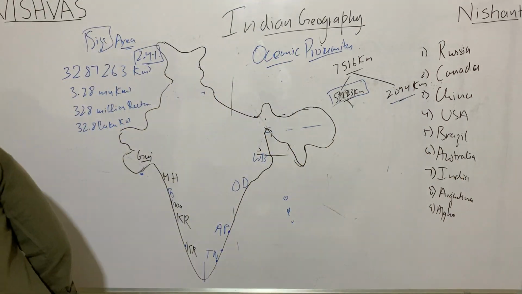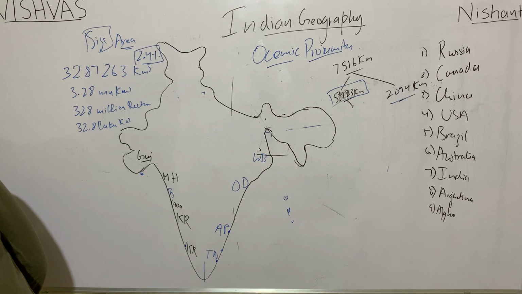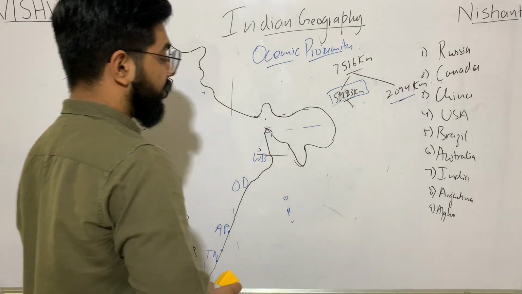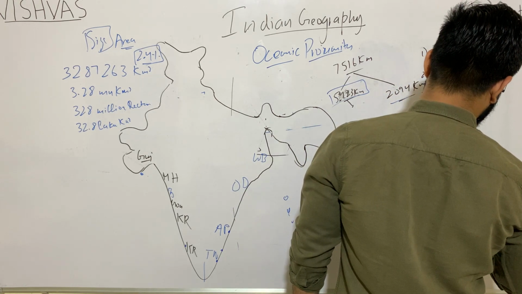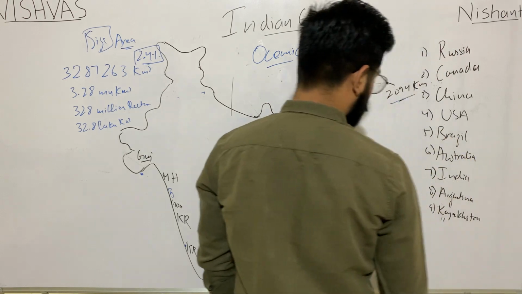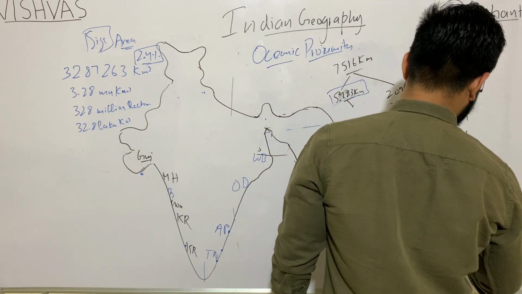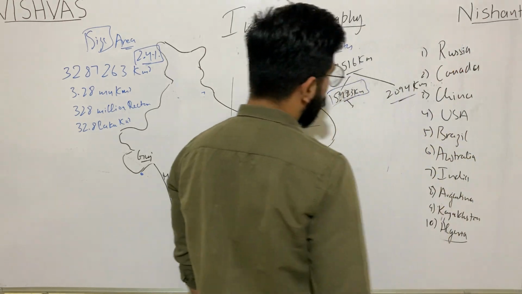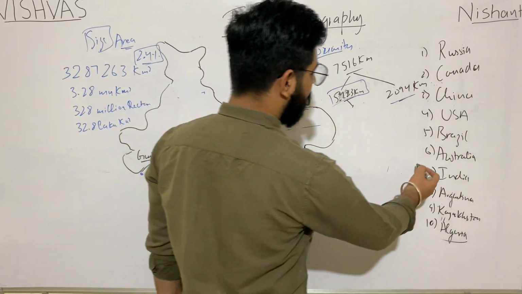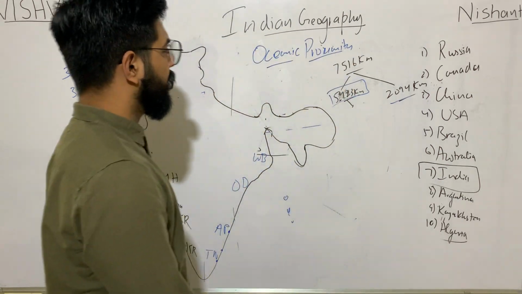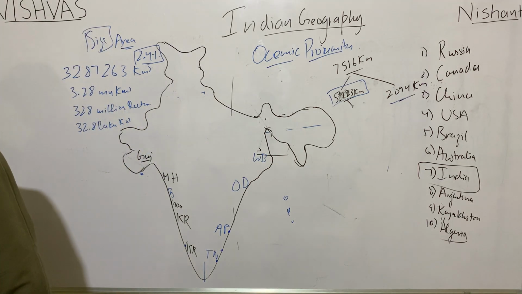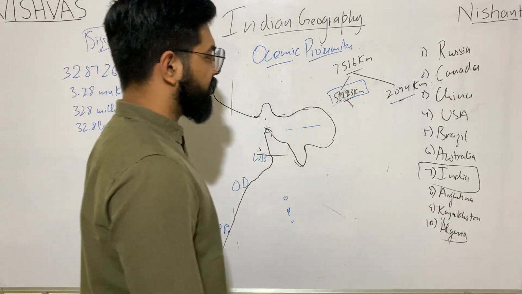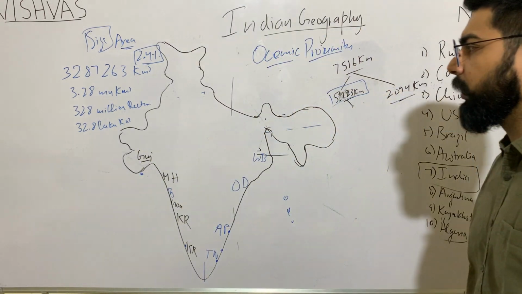And tenth we have Algeria. So India falls in the 7th position, comprising 2.4% of the whole of the land.